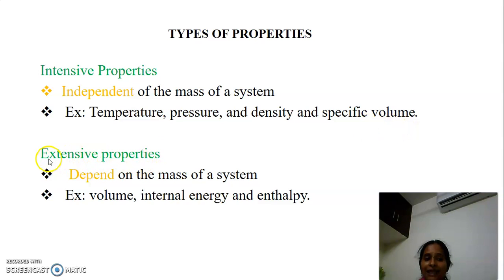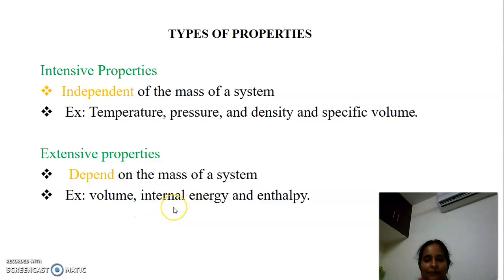Extensive property means dependent on the mass of the system. Volume: the space occupied by 1 kg of water is different from 2 kg of water, so it is purely dependent on the mass of the system. So volume, internal energy, the energy of the molecules.